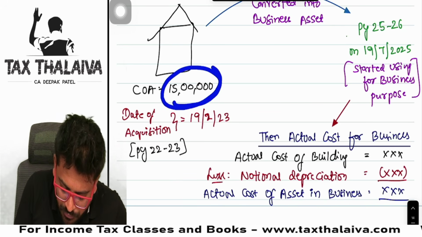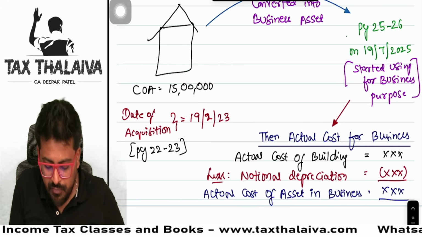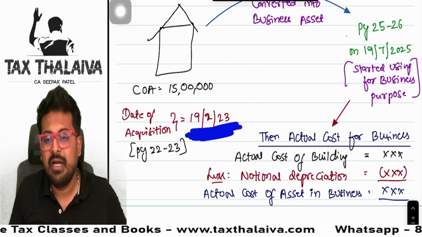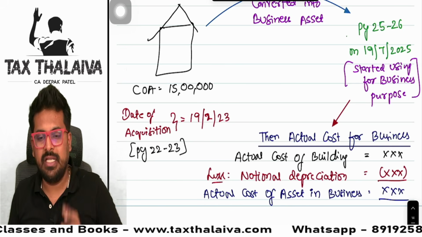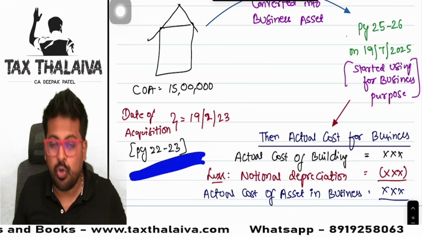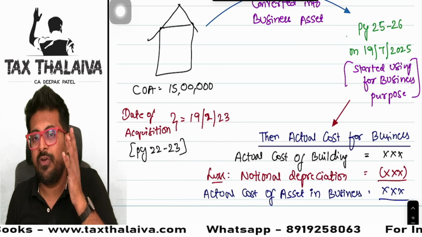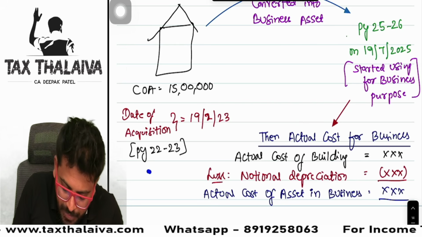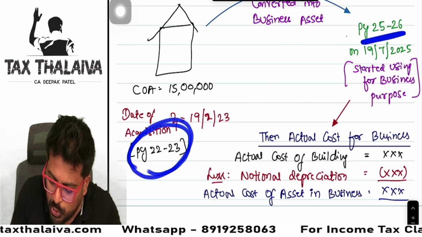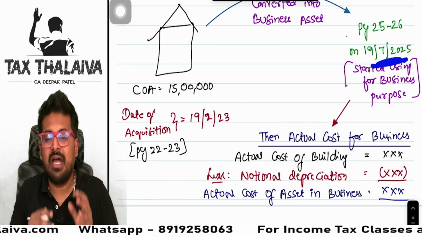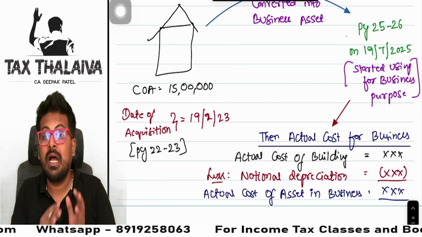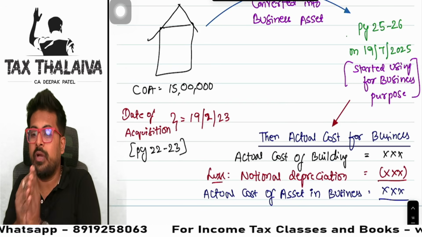Say for example, the cost of acquisition was 15 lakhs when you purchased this building on 19th of February 2023. So you purchased in February, financial year 22-23. Right from previous year 22-23 till 25-26, the asset was a personal asset. Now you want to get into business.